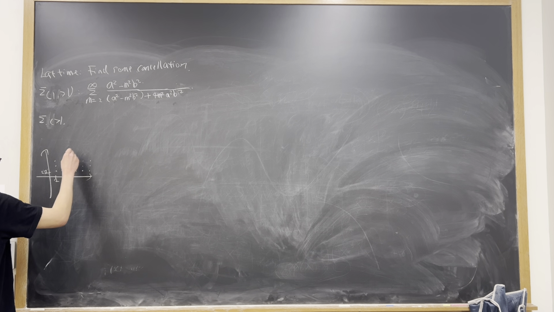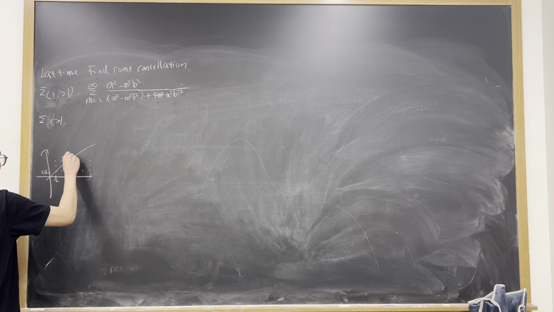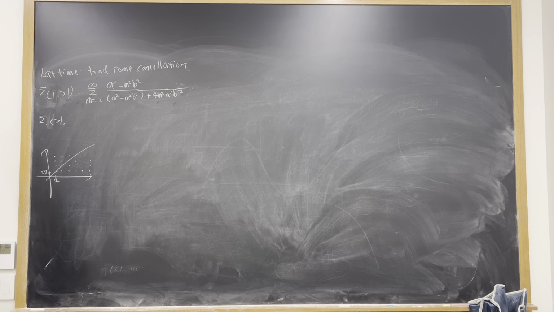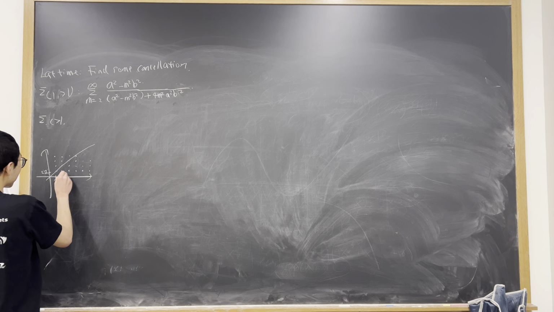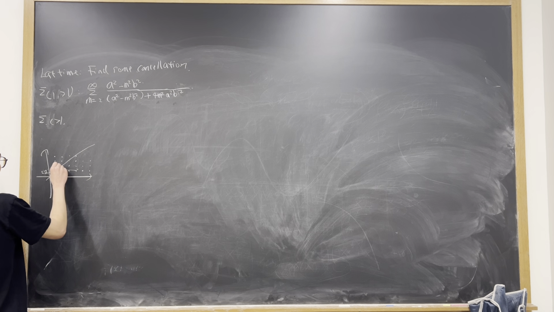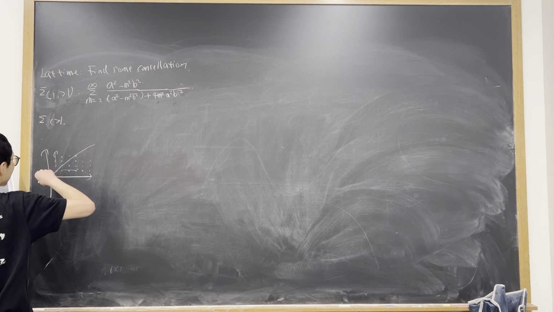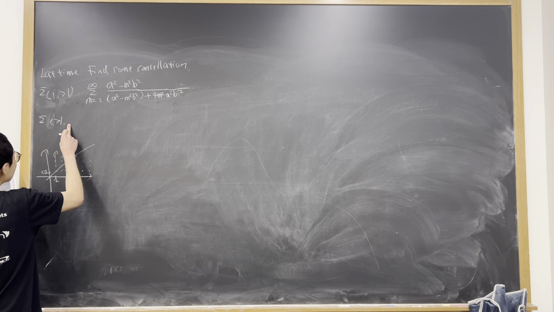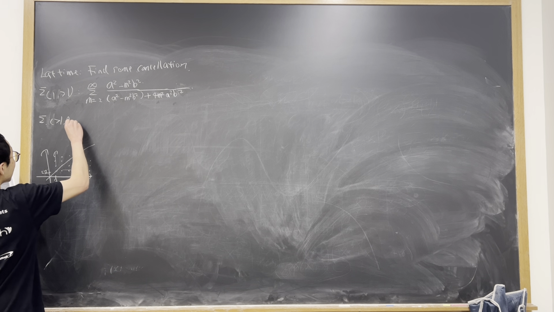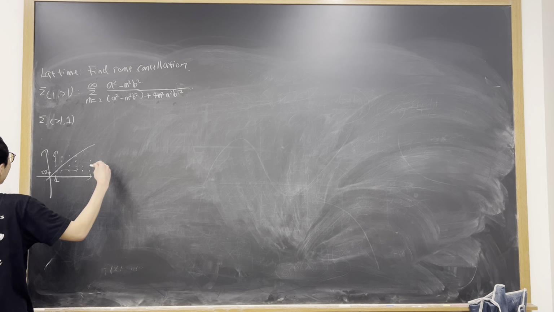So I start at level 1, and then I go left like that, and then I start at the vertical level 1 and I go up. Sorry, horizontal level 1, and then you go right.